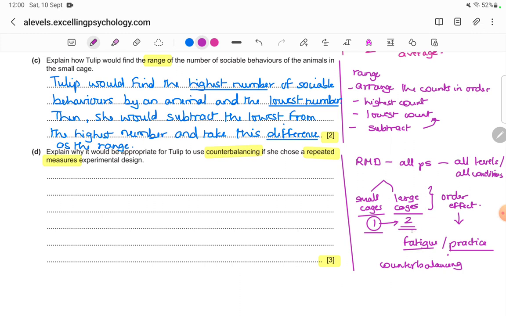And the remaining 25 undergo the large cage condition first, followed by the small cage condition. Then, on the whole, we can see if there is any of these order effects, be it fatigue or practice. Because if it is, then irrespective of which condition the animal is put in later, he will perform poorly or better than in the first condition. It will become obvious that the size of the cage does not matter.